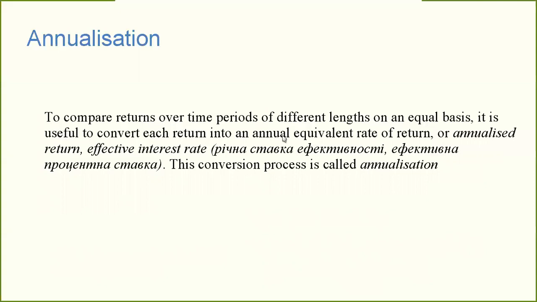It is called the annualization process, and such a return is called annualized return or effective interest rate. Do you understand the difference between return and effective or annual return? It is that it is for 1 year.